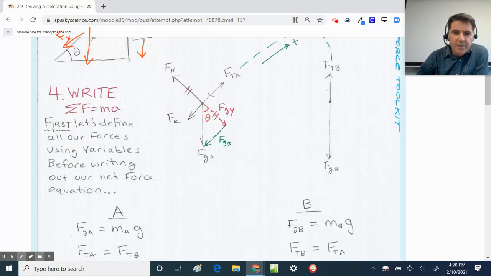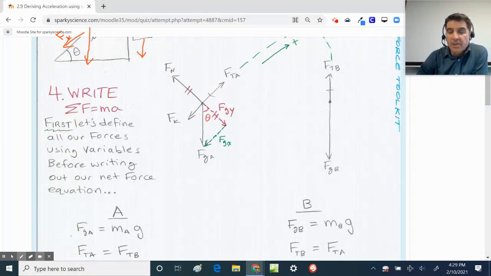FTA and FTB are the same thing. So FTA is going to be equal to FTB because this is a continuous string, and the tension along the string is the same at any point along the string. Moving over to B, FGB is going down, so that is the mass of B times g, and FTB is going up, and FTB is equal to FTA.